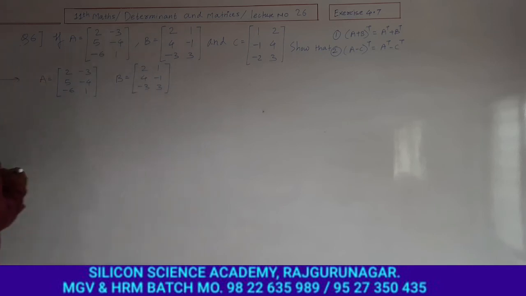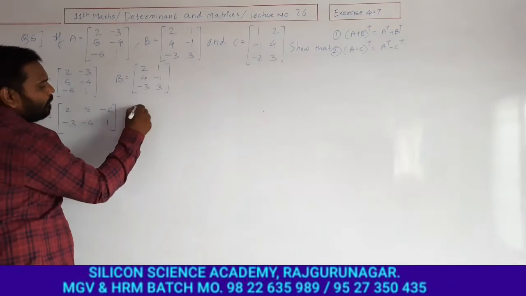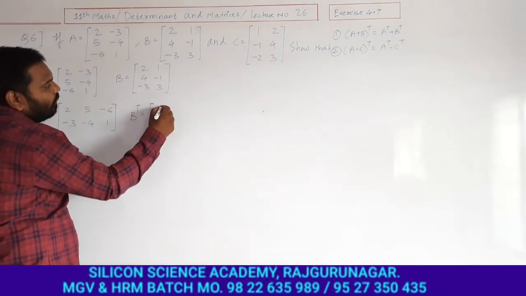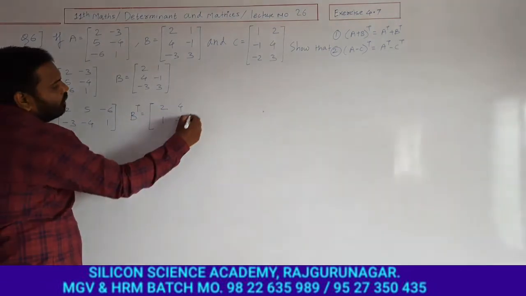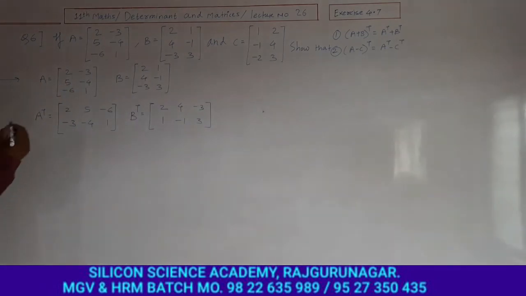Okay, this is A and B. Let us find A transpose. What is A transpose? That is 2, minus 3, 5, minus 2, minus 6, 1. This is A transpose. What is B transpose? 2, 1, 4, minus 1, minus 3, 3. This is B transpose.